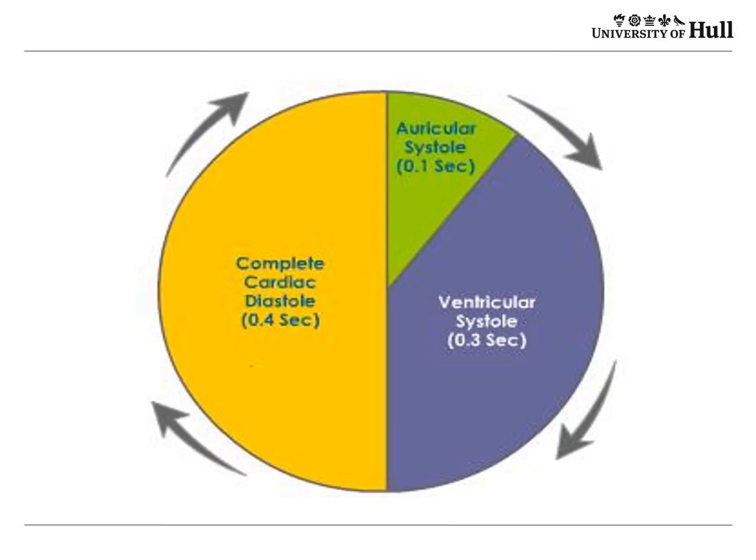The phases of the activity are not equal. At the top we have auricular systole. The auricles is just another name for the atria, so we can call that atrial systole. This lasts about 0.1 of a second, and then ventricular systole lasts about 0.3 of a second, and then the cardiac diastole, when the ventricles relax, lasts about 0.4 of a second.